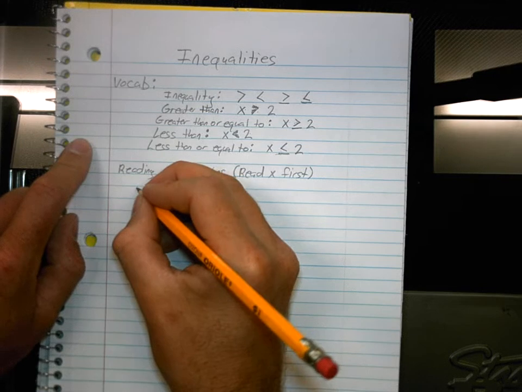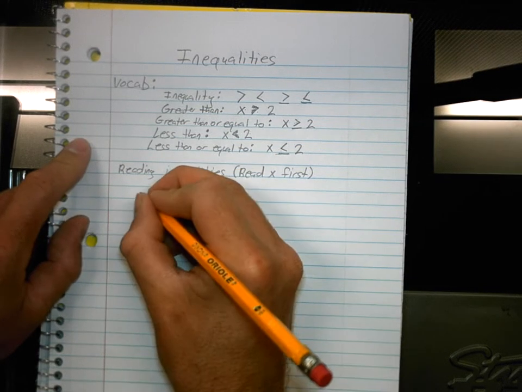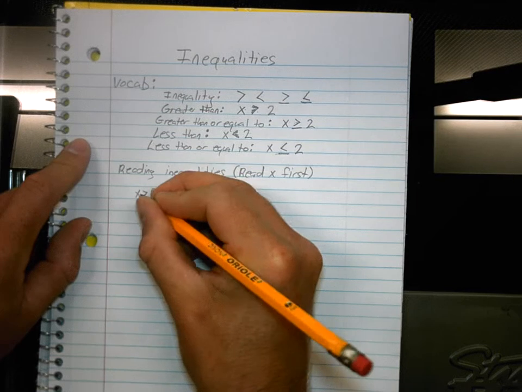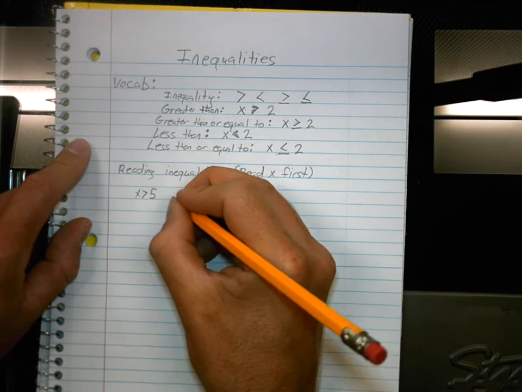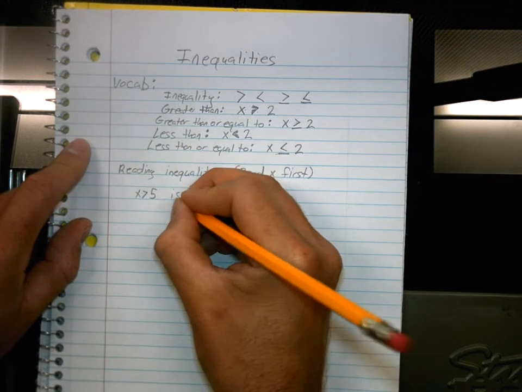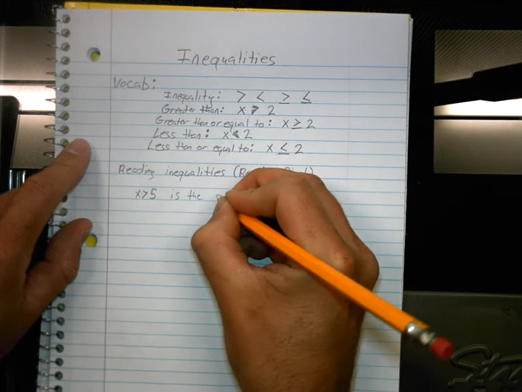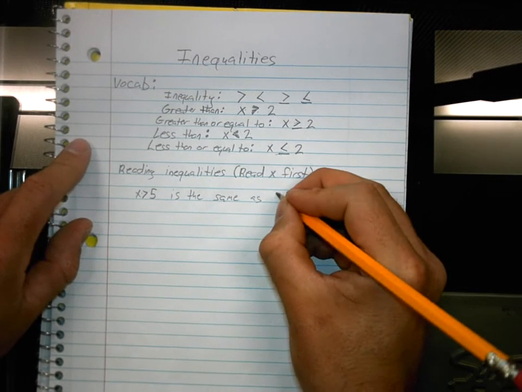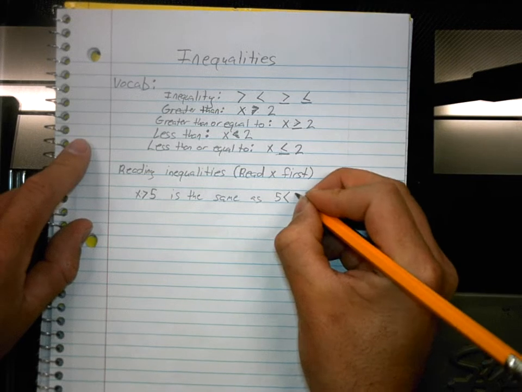So really what I'm trying to explain is x is greater than 5. I want to read x first. This is the same as x is greater than 5.